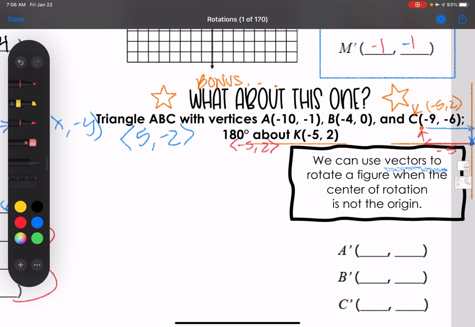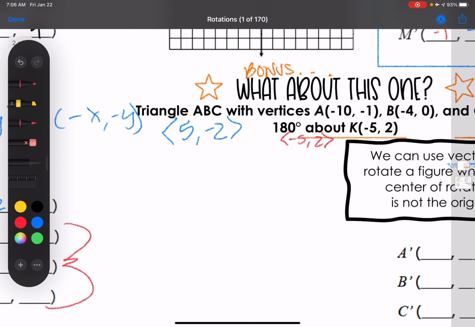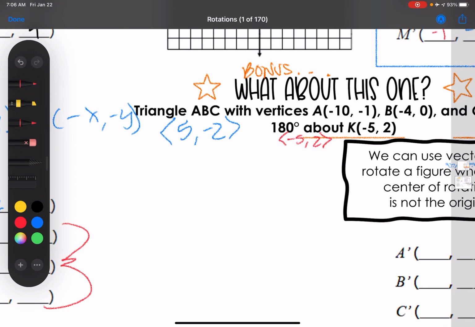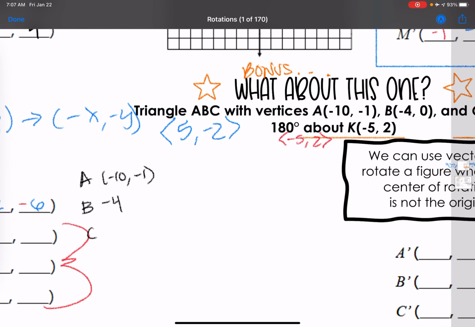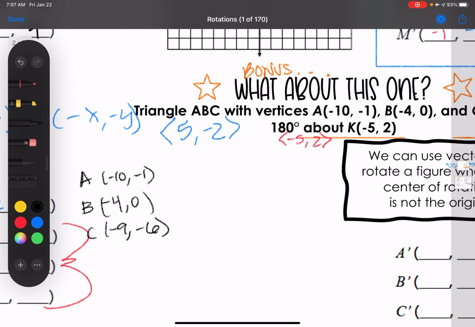So I am going to write it out like I did last time, and I'm going to write my original points. So I've got A, B, and C. And my original points are -10, -1, -4, 0, and then -9, -6. Okay, so first we have to move it back to the origin.